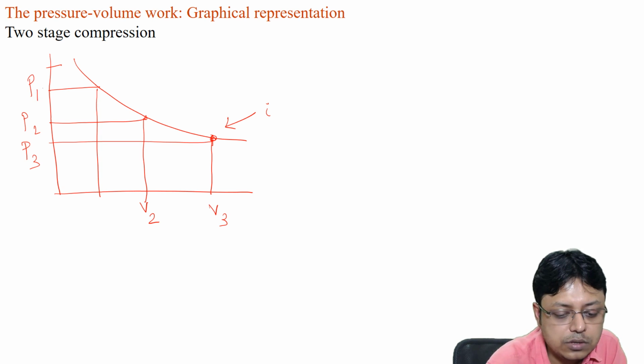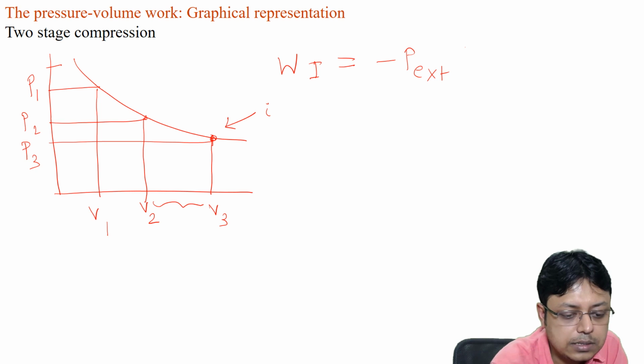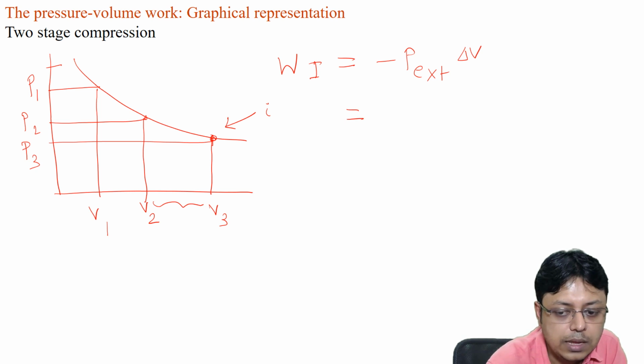So during this compression, the work done in stage 1, which we denote as W1, will be nothing but P external into delta V. And what is P external here? P external has to be P2 here, because remember that the gas is compressed until the pressure of the system equals the external pressure.